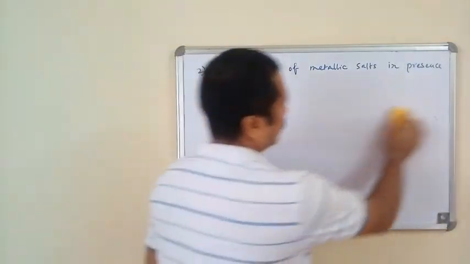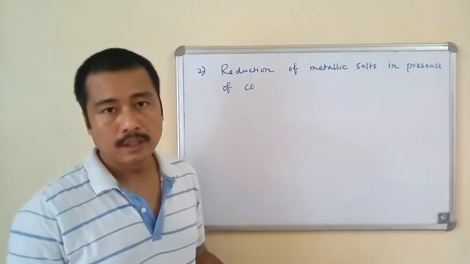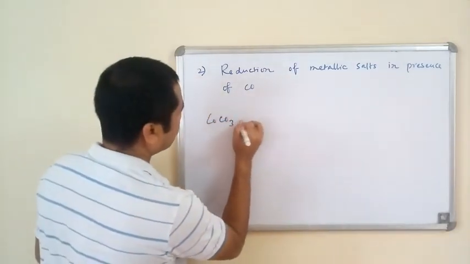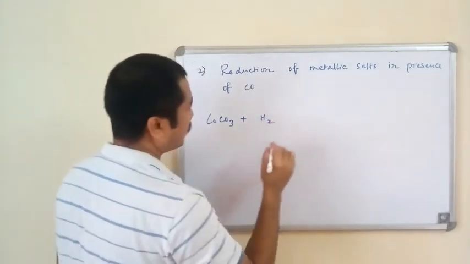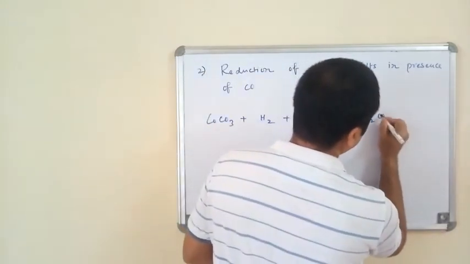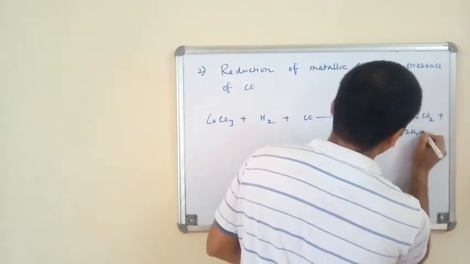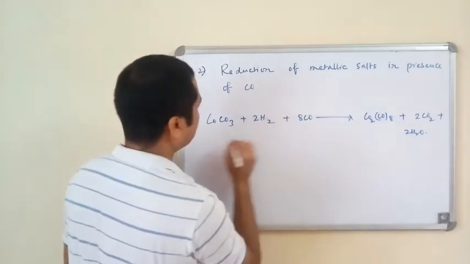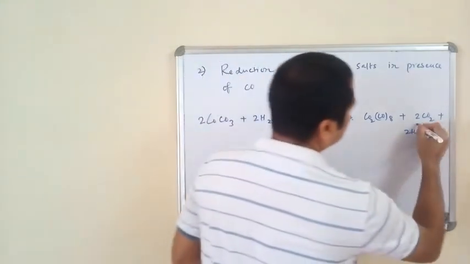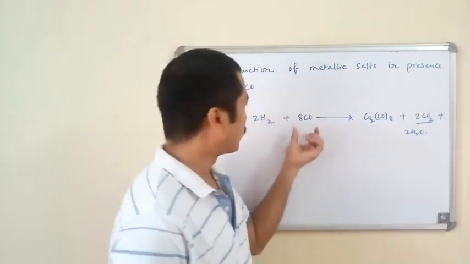We can also use hydrogen, which is a common reducing agent, to reduce metallic salts and then produce metal carbonyl complexes. You can take cobalt carbonate and react it with hydrogen in the presence of carbon monoxide to give us Co2(CO)8, 2 CO2 and 2 H2O. So you need 8 equivalents of CO and 2 equivalents of H2. The carbon dioxide that is produced here is from the carbonate ion; actually, it is not from carbon monoxide.